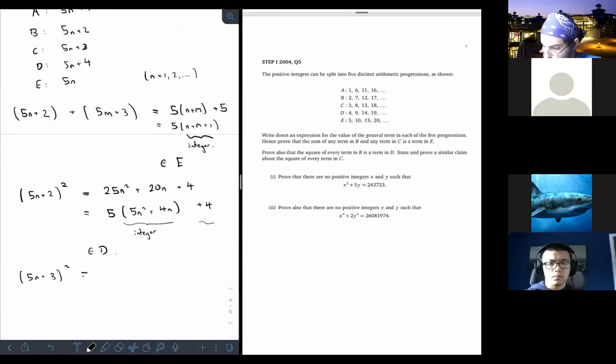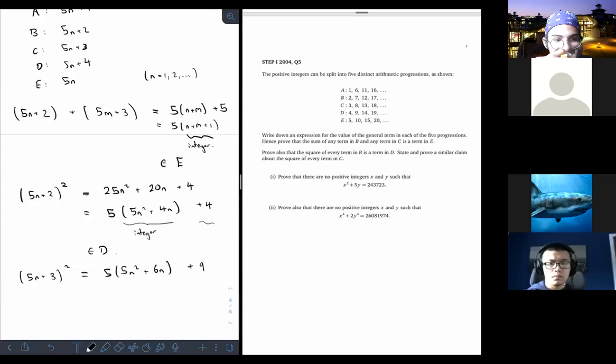After doing the algebra, we end up with 25n squared plus 30n plus 9. This isn't quite of the form of anything we had before, because we got a plus 9 on the end instead, and really we want just a plus 1, 2, 3, or 4.